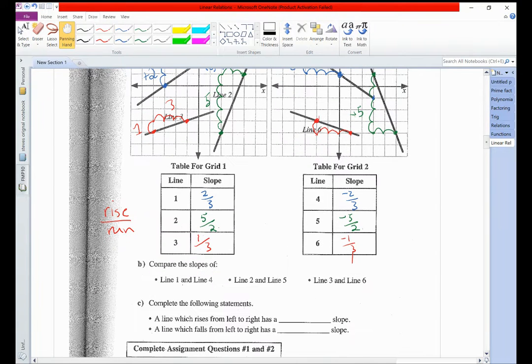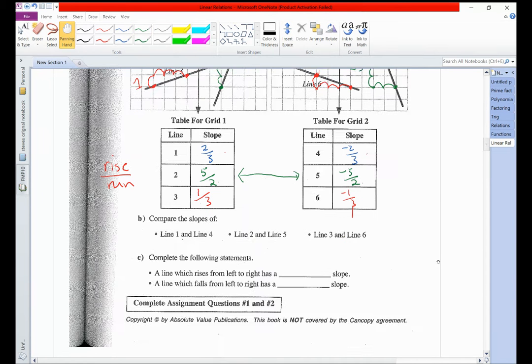Compare the slopes of line 1 and line 4. Well, they are the same, but one is negative, right? 2/3 and -2/3. And it's the same all the way down, right? Line 2 is 5/2, and line 5 is -5/2.